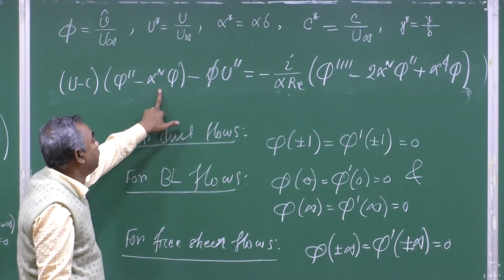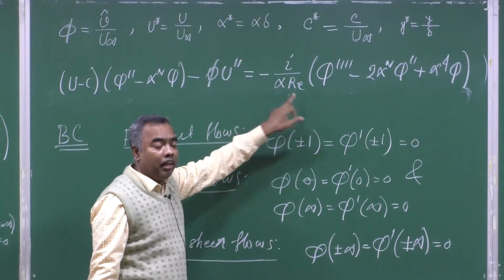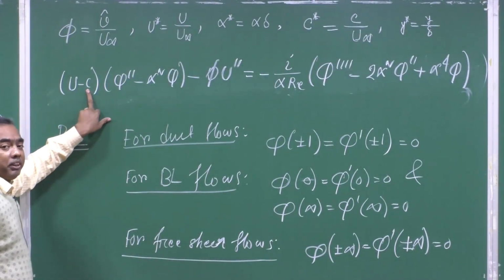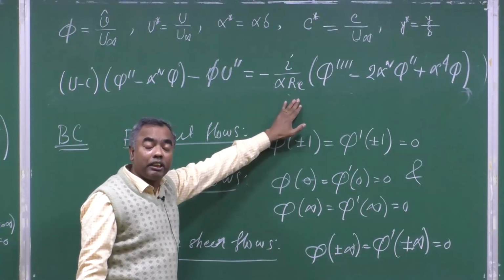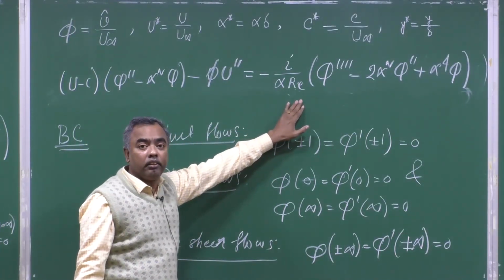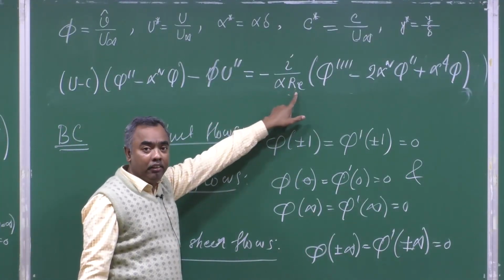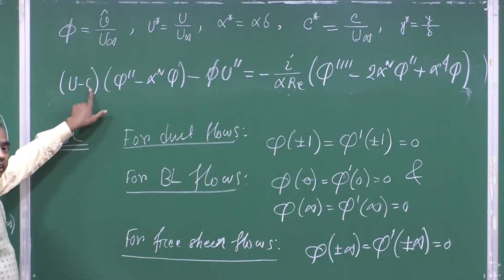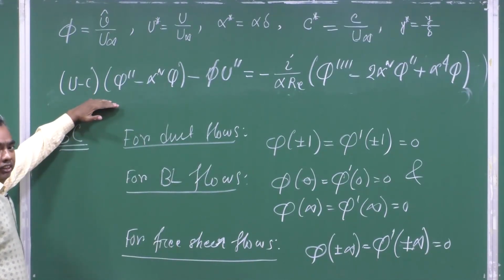While doing so, we will see for given real values of alpha and RE, there will be some complex values of C for which we will be able to satisfy this equation. So, for a given real alpha and given RE, this equation can be satisfied for some values of C which can be in the complex domain. This is one of the ways to get these solutions.